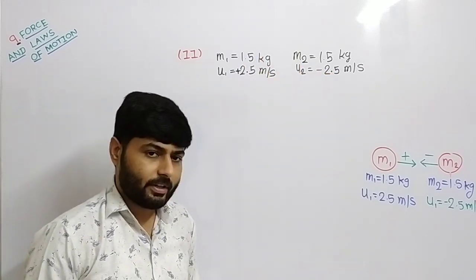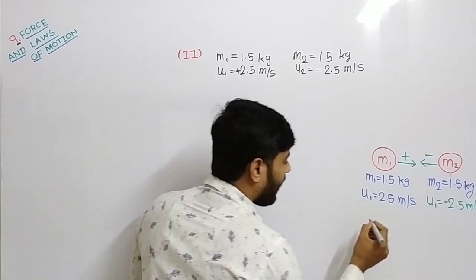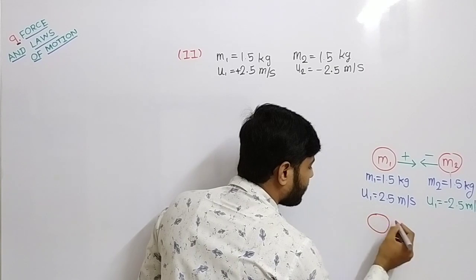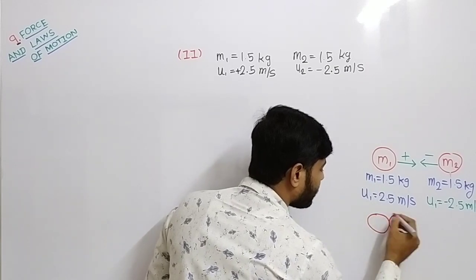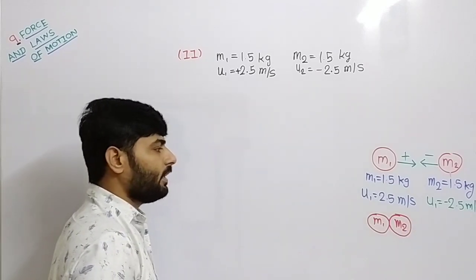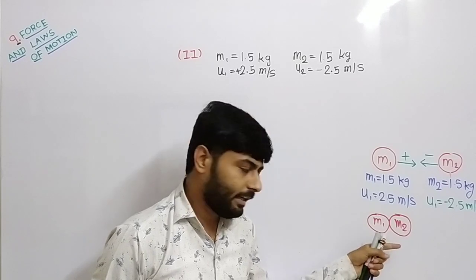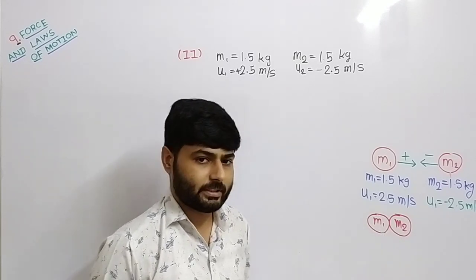Now after collision they combine with each other, so they will be something like this, M1, M2. Now we have to find the direction and velocity of these combined objects.